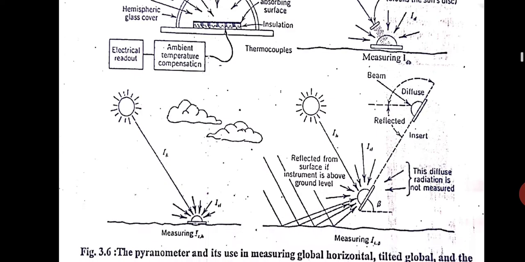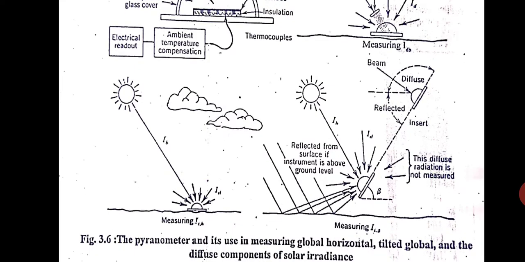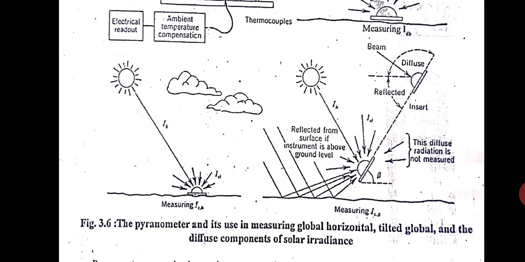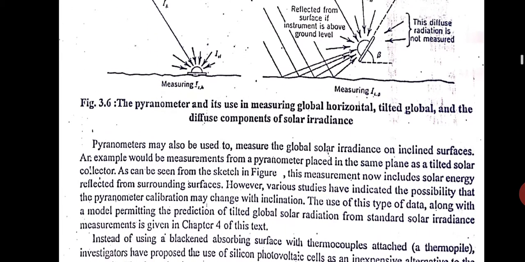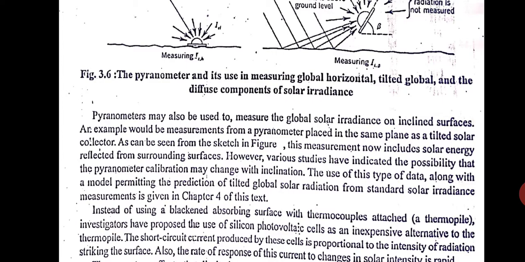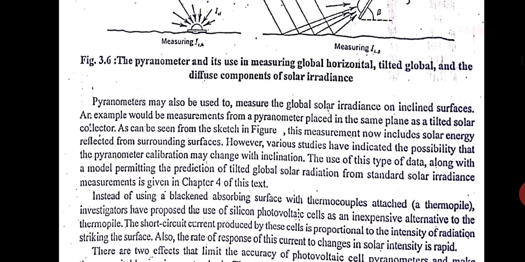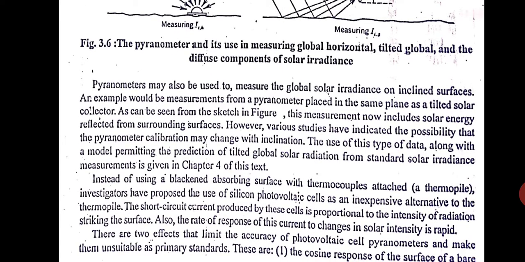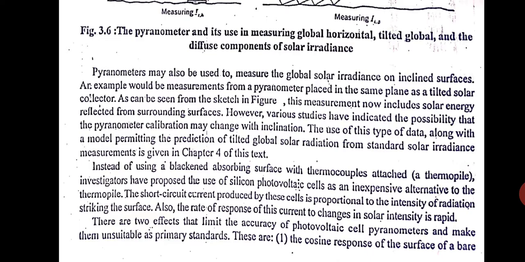This instrument can also be used for measuring solar irradiation on tilted surfaces, like inclined surfaces. An example would be measurements from a pyranometer placed in the same plane as a tilted solar collector.